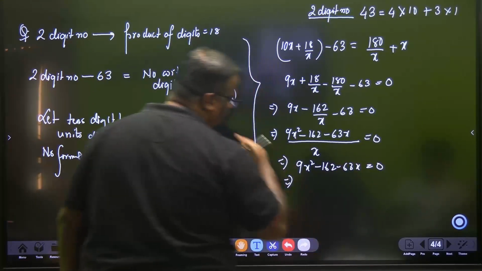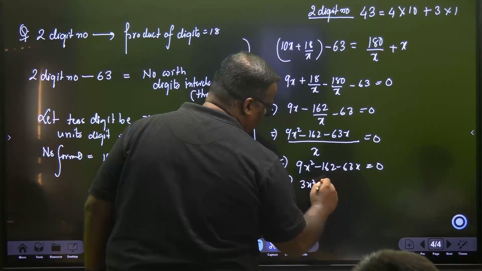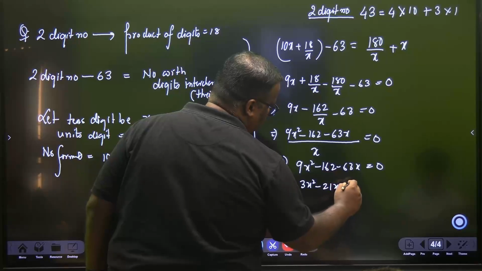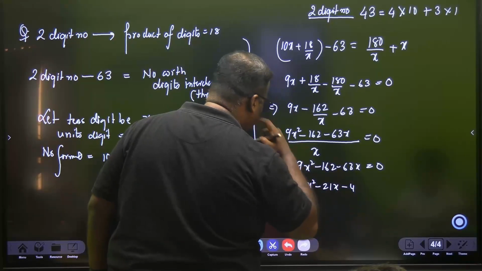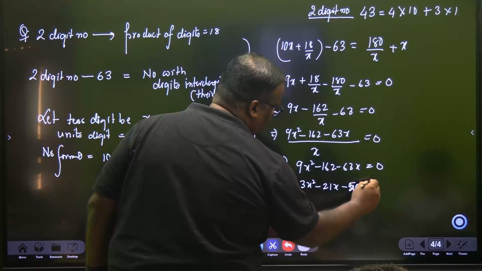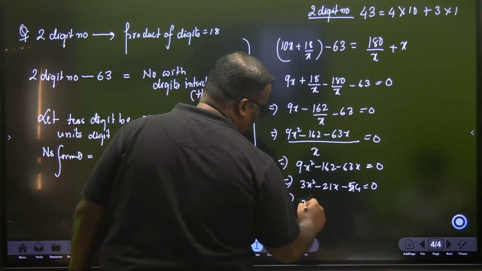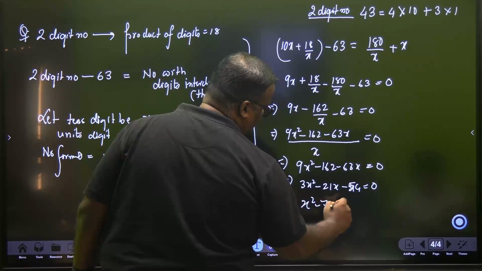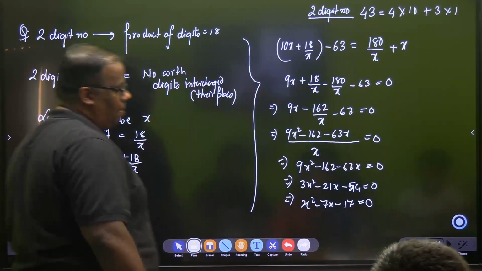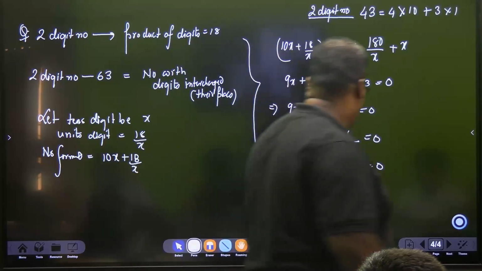So you can take 3 common from here. So it becomes 3x square minus 21x minus 54 is equal to 0. This goes further, so it becomes x square minus 7x minus 18. Check it, I may be wrong also.